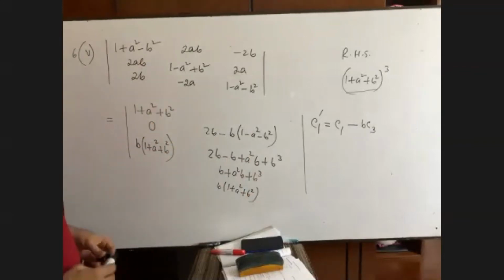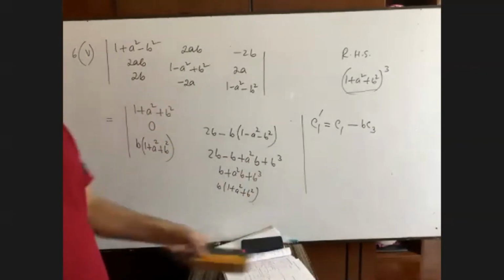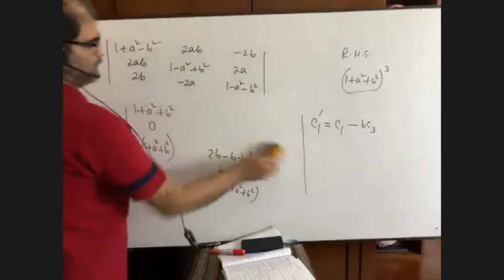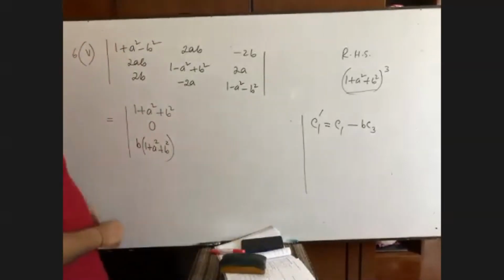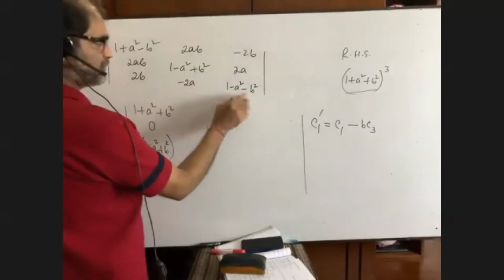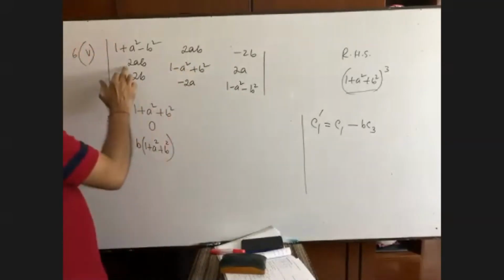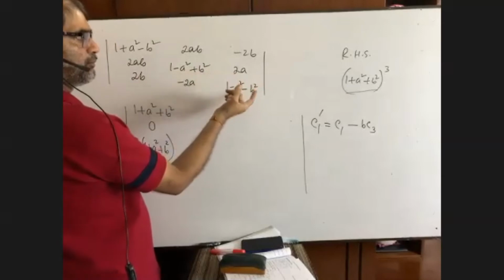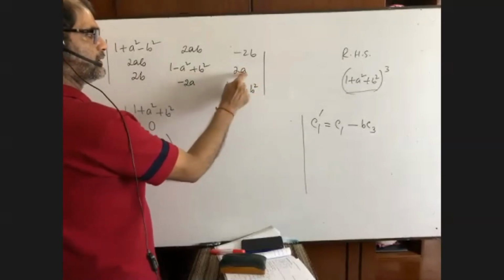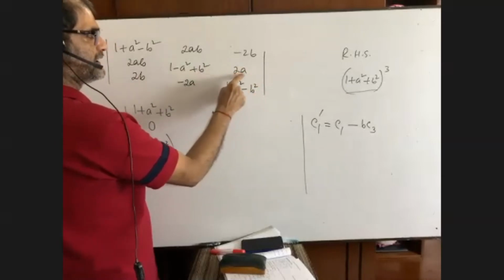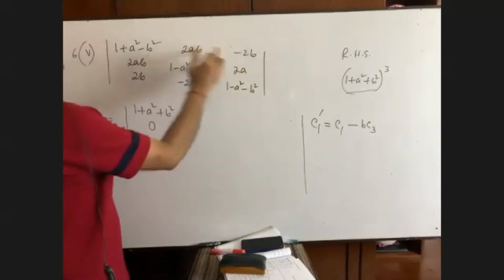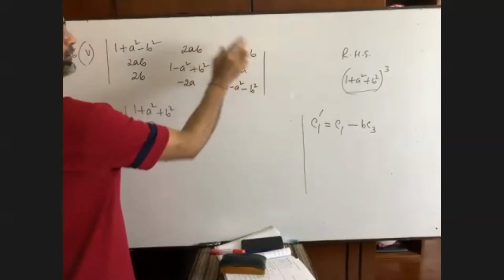Talk to me. Yes sir. What are we going to do? This minus this, but there is b here. This minus this, but multiplied by b, multiplying this by b.